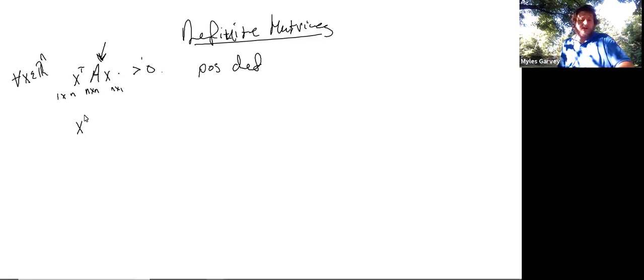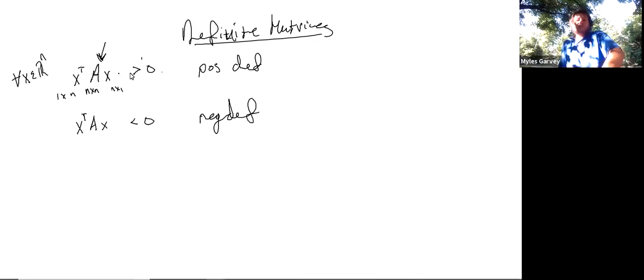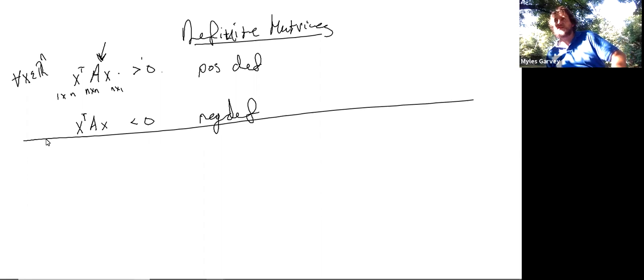On the other hand, if this quantity is less than 0, we say it's negative definite. If it's bigger than or equal to, we say it's positive semi-definite, negative semi-definite. But what we worry about mostly is positive definite, negative definite. Now, how do we show that a matrix is positive or negative definite?